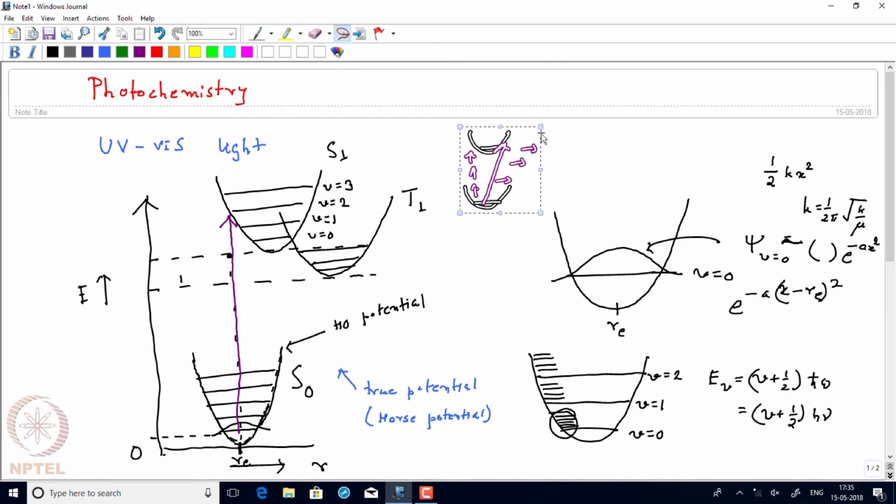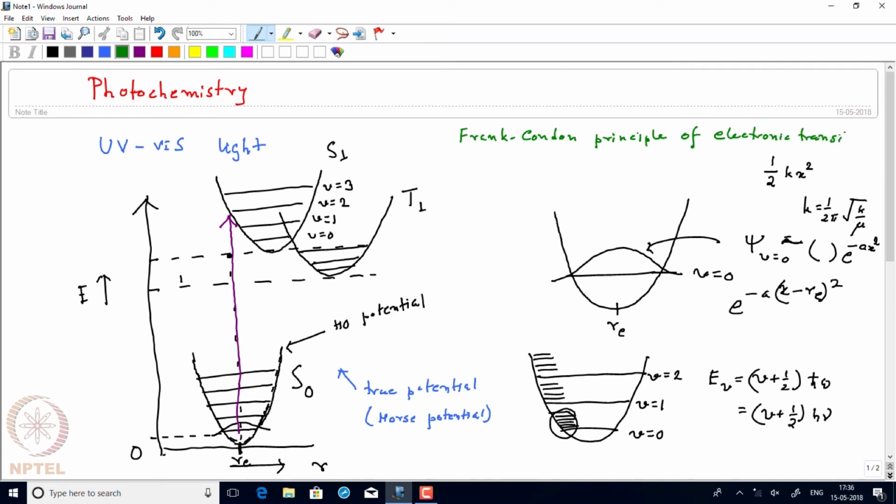So what we see here is that electronic transitions are extremely fast, and we say that this is a vertical transition. This principle is known as the Franck-Condon principle of electronic transition.